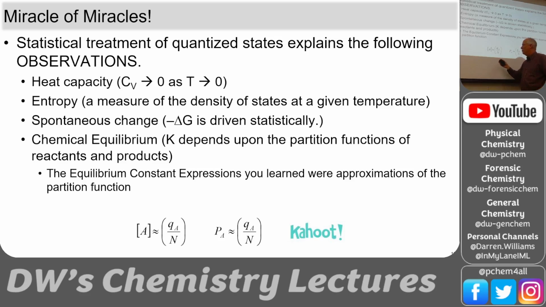But we know that that's an approximation of the partition function. And when our concentration equilibrium constants fail because of activity coefficients, and we have all these corrections, we're still just trying to correct something to get close to the partition function, which would be the true factor in the equilibrium constant. Same with partial pressures. Partial pressure equilibrium constants are just approximations of the partition function.